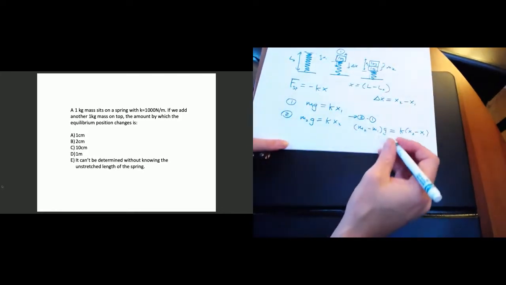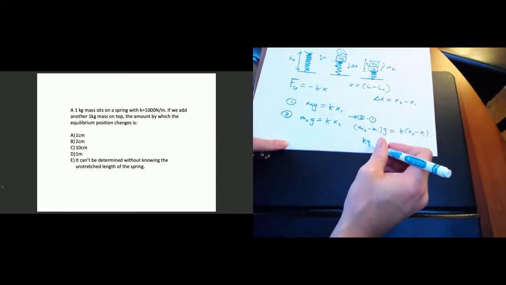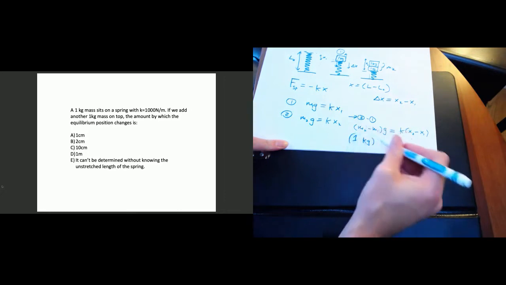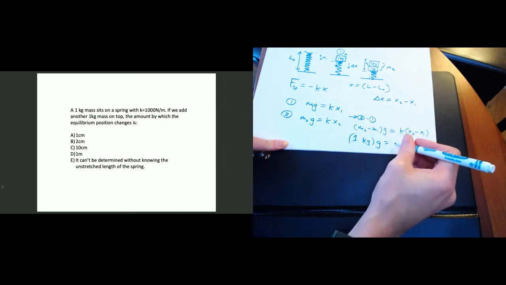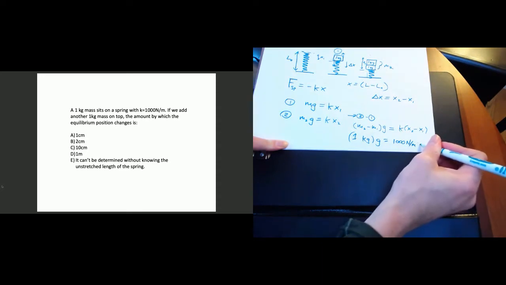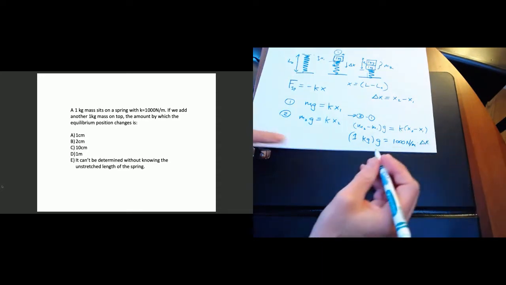And so now we're able to solve. So we get that 1 kilogram times g is equal to our k, which is 1,000 newtons per meter, times this delta x that we're trying to find.